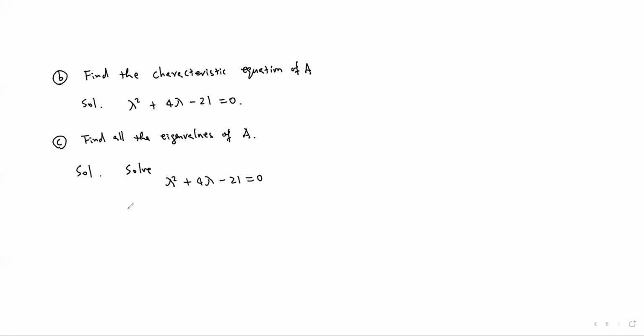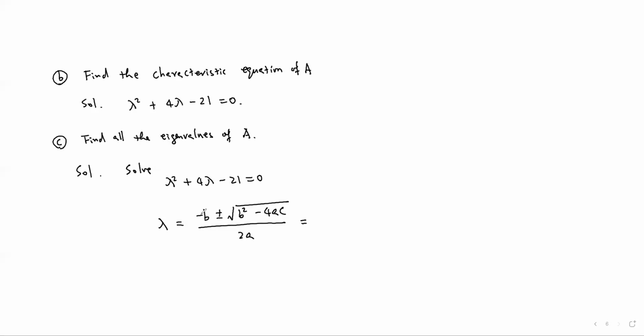How to solve it? 2 ways: by factorization or by the quadratic formula. Yeah, it is negative b plus or minus the square root of b squared minus 4ac, then over 2a.